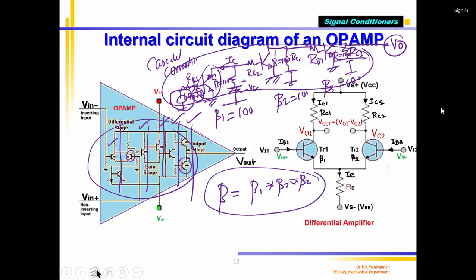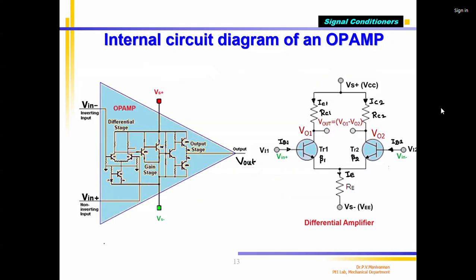But I told you just half an hour before, Fairchild Corporation invented the op-amp to mitigate the change in beta due to temperature. Right? If temperature increases, beta increases; if temperature decreases, beta decreases.